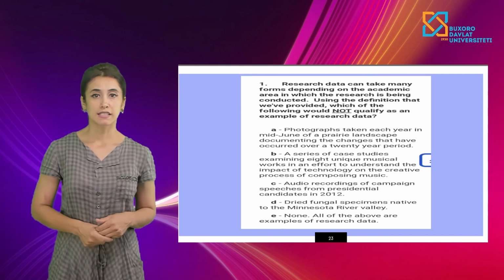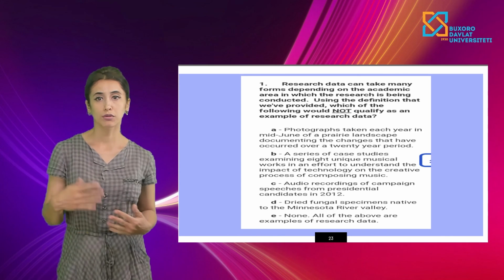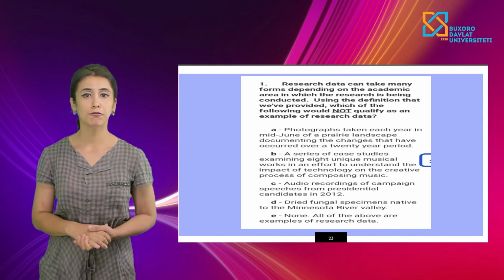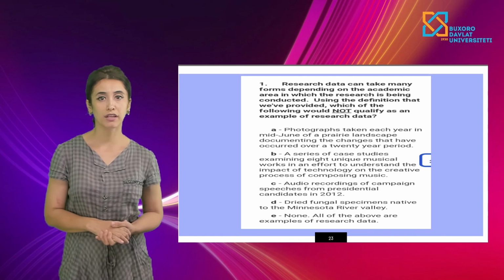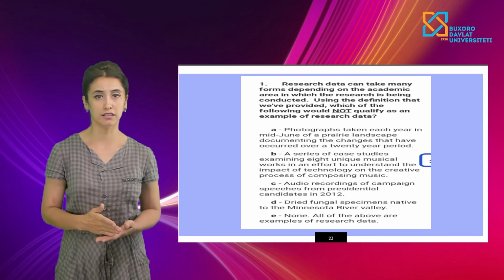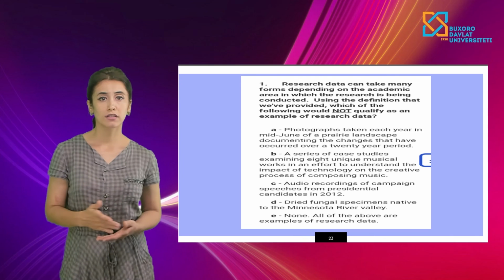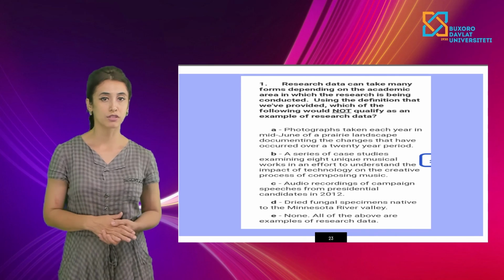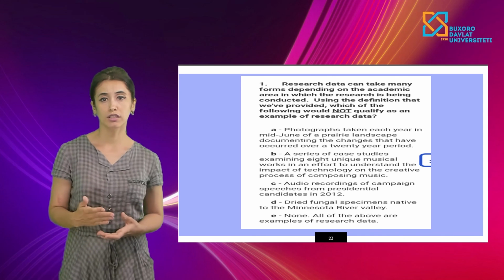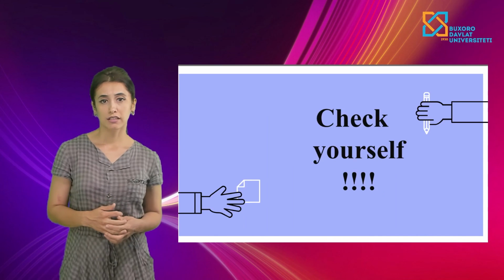So here you can see some tests. You can check your knowledge. Research data can take many forms depending on the academic area in which research is being conducted. Using the definition that is followed, which would not qualify as an example of research data? You have 5 options and you can choose one of them. The next one, and let's check your answer.